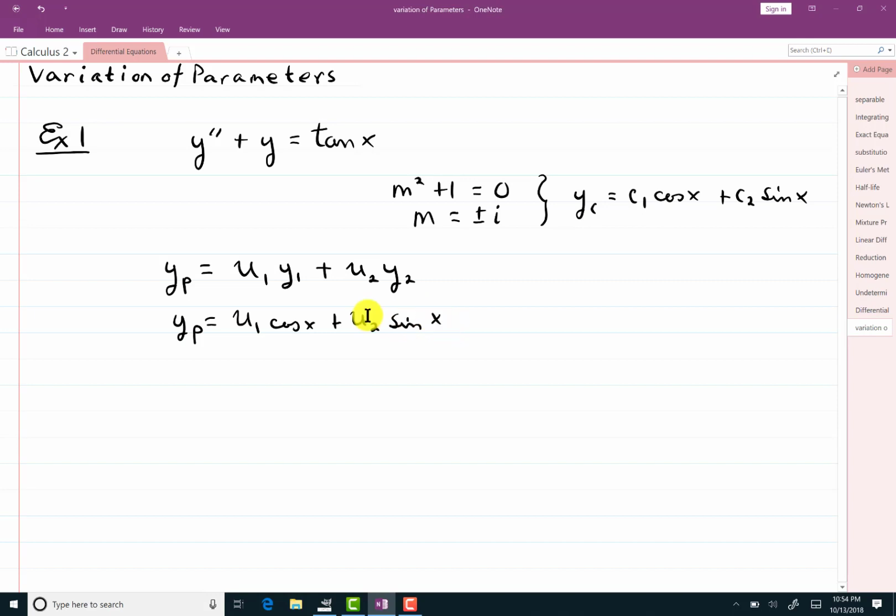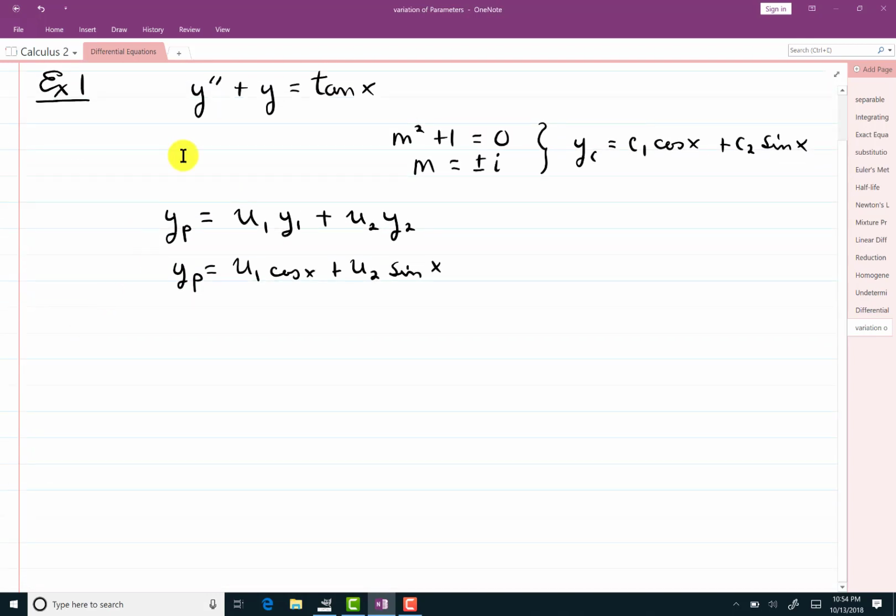Now, as you always do, when you come up with a particular solution you want to try, you plug it back into the differential equation itself. So let's go ahead and do that. I'll need to take the second derivative, so let me start with the first derivative.